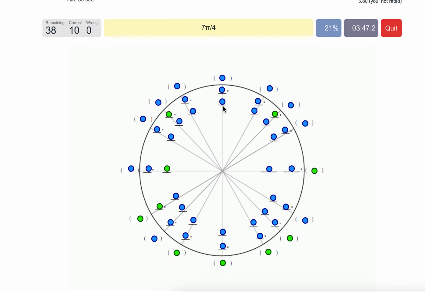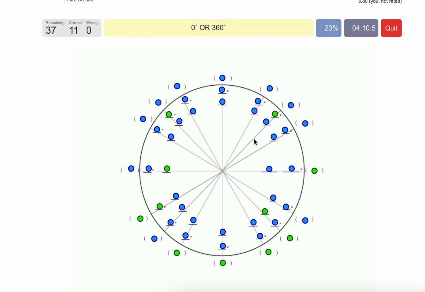And then once you count, this is 3 pi over 4. So you're just continuing to count around the circle. 4 pi over 4, 5 pi over 4, 6 pi over 4, and then you land at 7 pi over 4 right there.